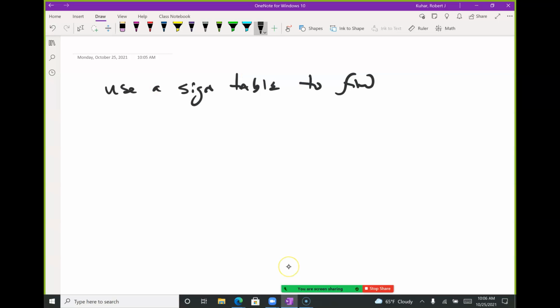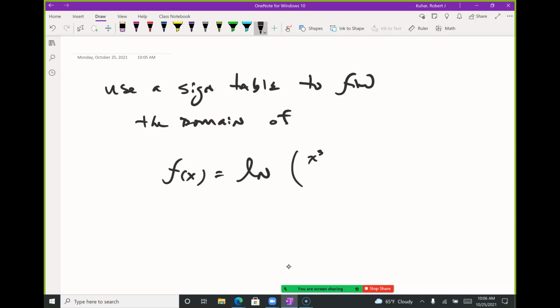Use a sign table to find the domain of f of x equals the ln of x cubed minus 1 over x squared minus 3x minus 4.